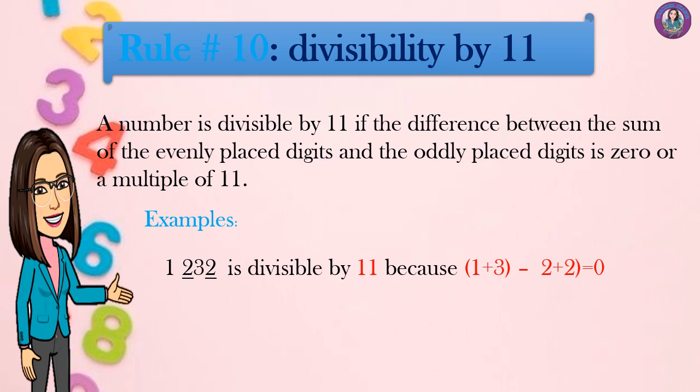When you add the odd ones, 1 plus 3 equals 4, and the even ones, 2 plus 2 equals 4, and then subtract, 4 minus 4 equals 0. Therefore, that number is divisible by 11.